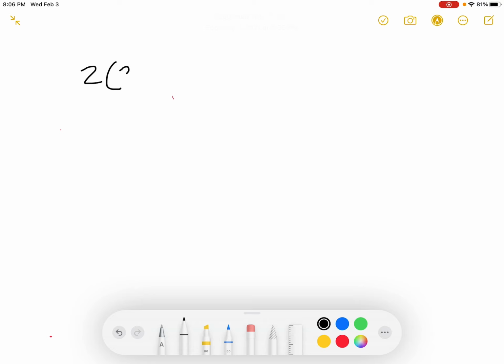Let's look at this here. Plus 17. Alright, how would we solve this? Well, there's certain things you have to do sometimes in math, and one is the distributive property.